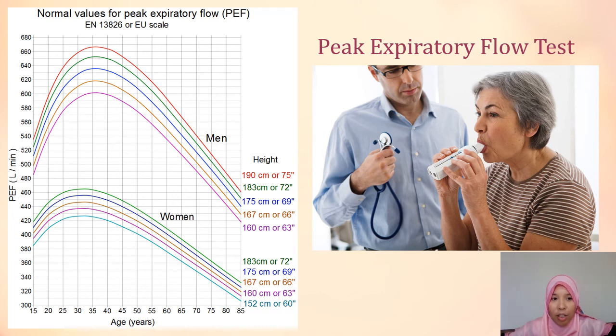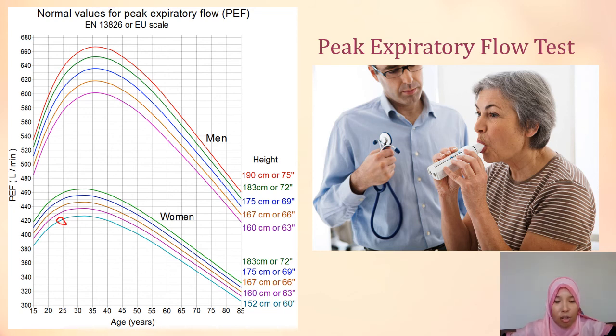I have this graph on the left side, and you can look at the normal values based on your age and your height. So for example, if you're 25 and you have a height of, for example, 152 centimeters, then this is the optimum.